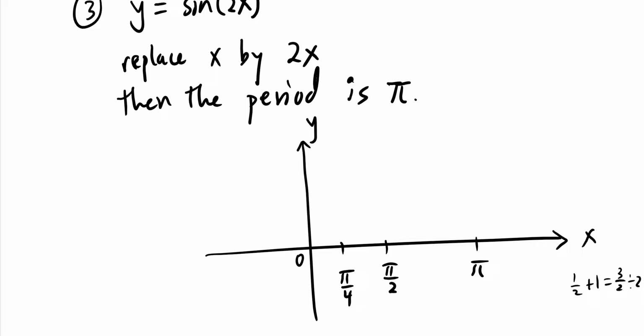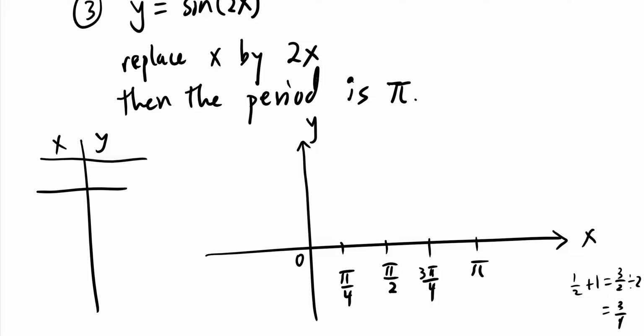If you divide it by 2, that gives us 3/4. So this is 3 pi over 4. So now we need to find their corresponding y values. So we've got 0, pi over 4, pi over 2, 3 pi over 4, and pi.